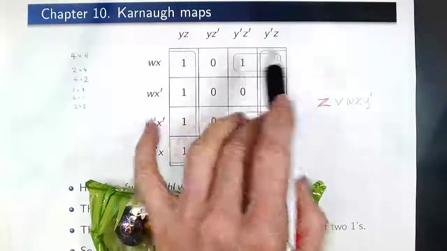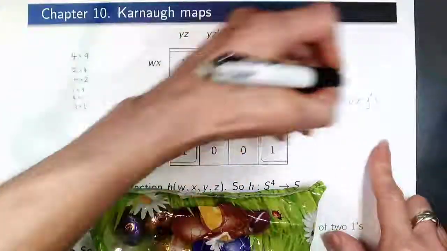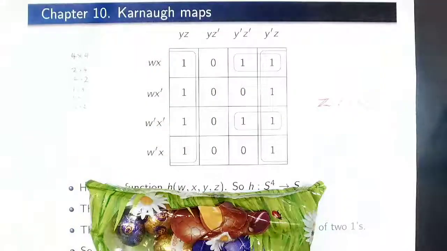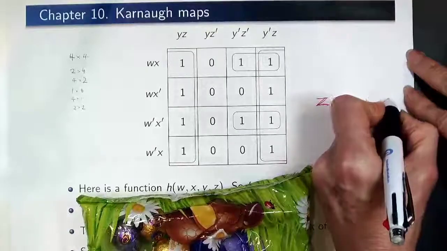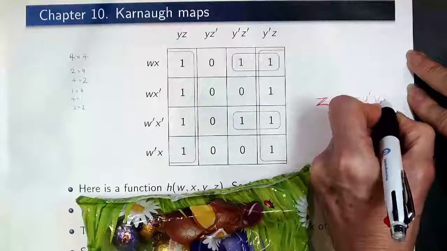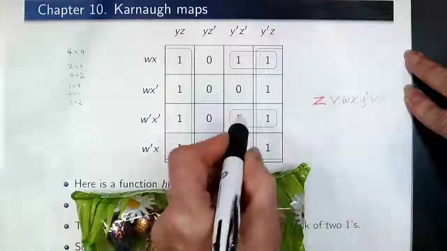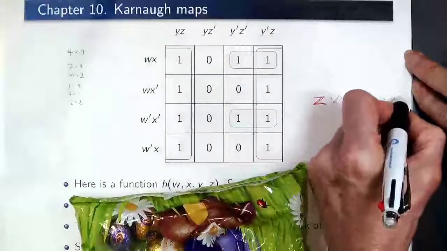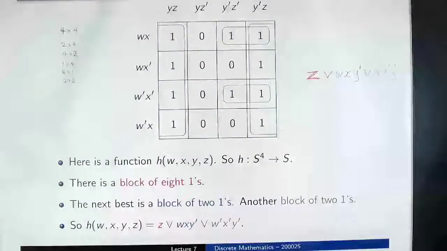Doesn't matter what Z is. Or the green one. Can you read that? W dash, X dash, and what was that? Y dash. You probably don't need to read that because that's probably what's under the eggs. It is. Yes.